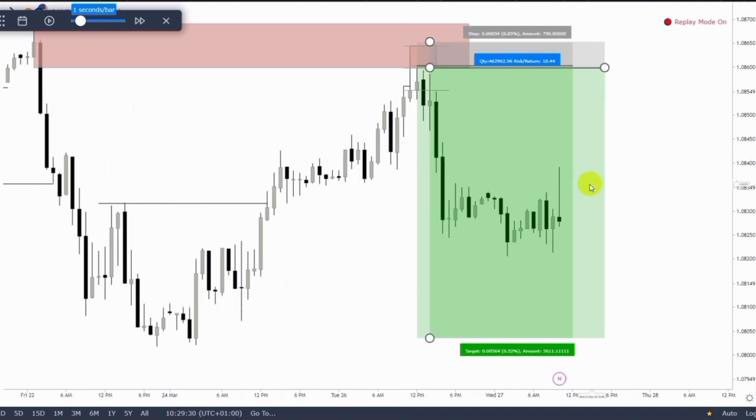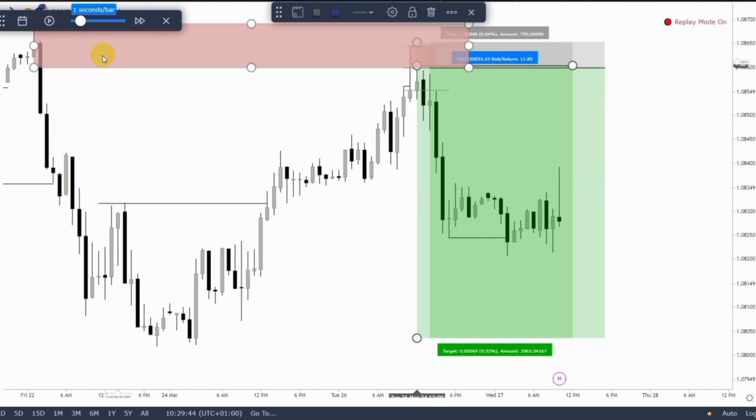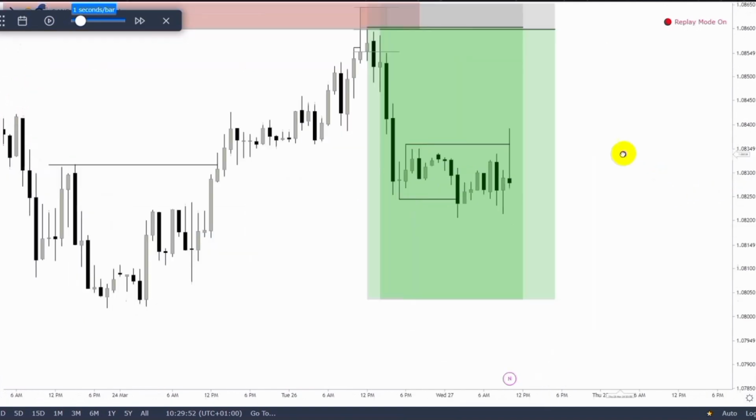Now let's look at something from the 1-hour time frame. Now you can see that price took out this level here. And then you can also see that price swept this high point with this particular candlestick.